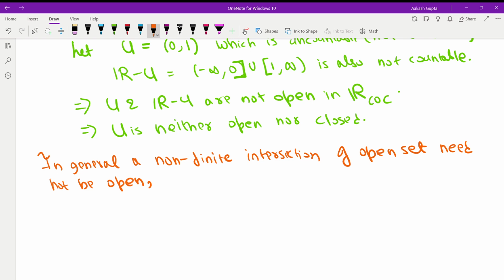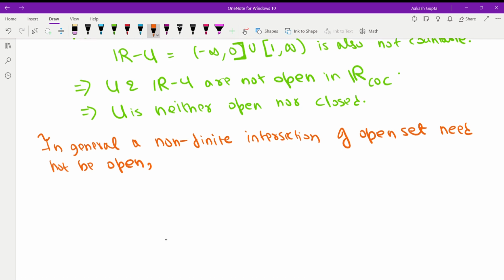I think you guys know that the convergence 1 upon n goes to 0 is probably one of the most important convergences we have ever seen. So using that only, let me produce an example.